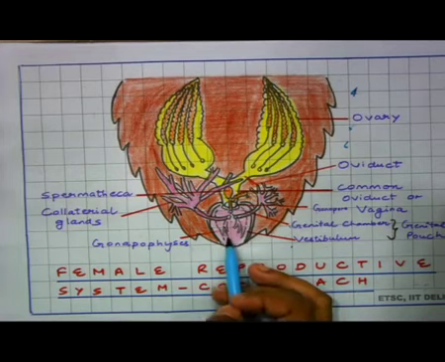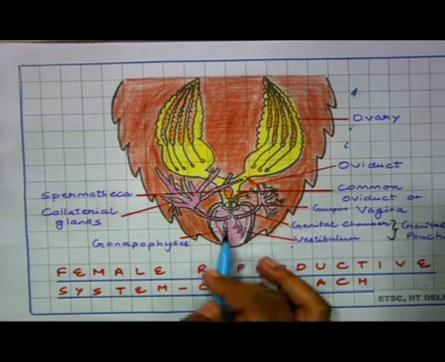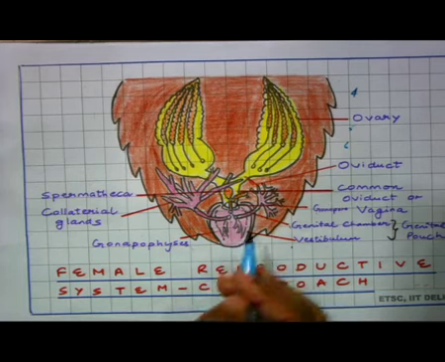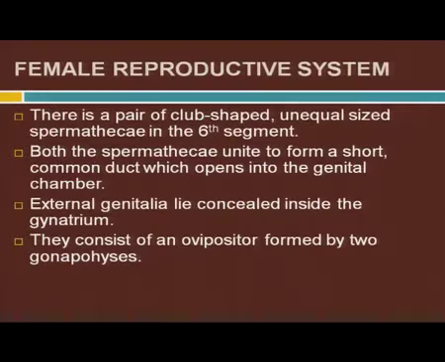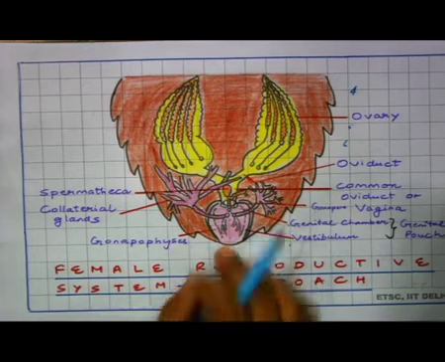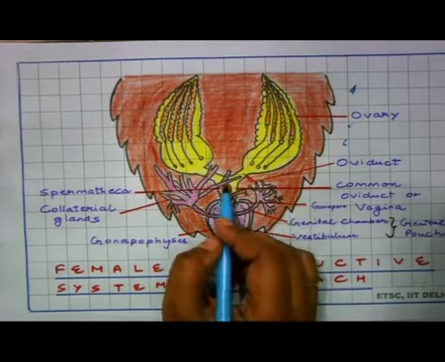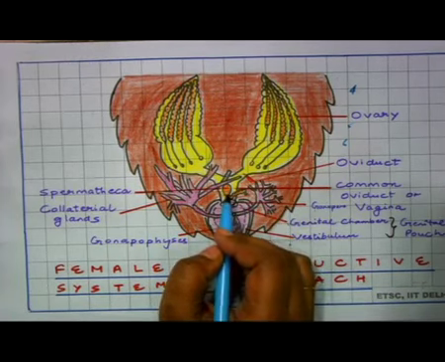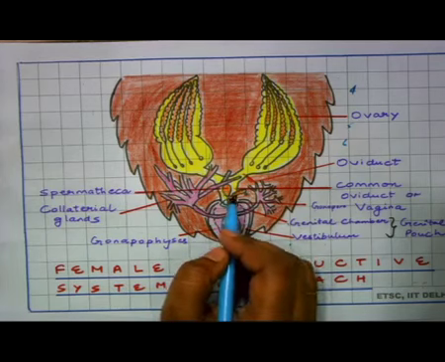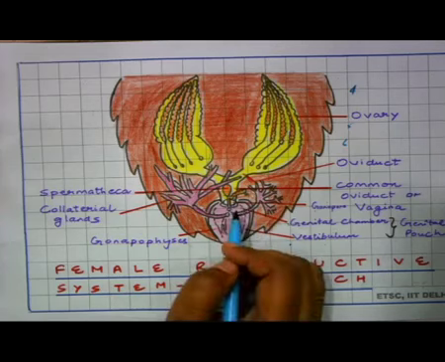Here is the ovipositor which will help in laying of the ova. Ovipositor is a tube like structure which helps in laying of the ova, but in this case we will see that an ootheca structure is released. The function of spermatheca is to store the sperms which have been received during the process of copulation.